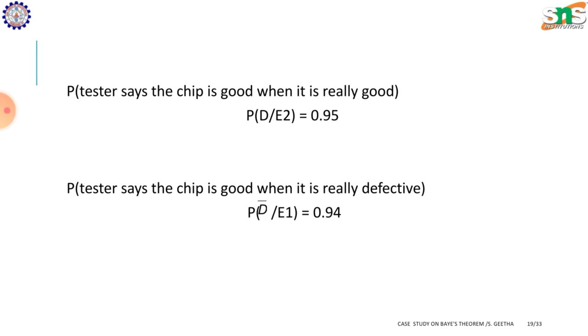Next, probability of the tester saying the chip is good when it is really good, P of D given E2, is equal to 0.95. Probability of the tester saying the chip is defective when it is really defective, P of D bar given E1, is equal to 0.94.